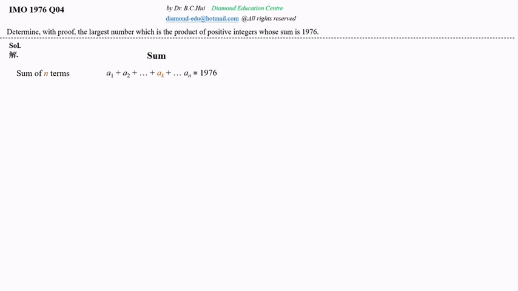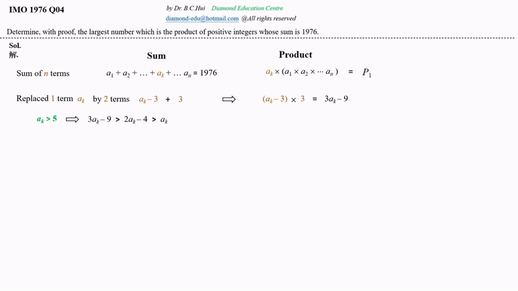We can further consider dividing any one of these terms, say ak, into two terms, as ak minus 3 plus 3. The product will be (ak minus 3) times 3, which is 3 times ak minus 9. If the term ak is a value larger than 5, then 3 times ak minus 9 is larger than 2 times ak minus 4, which is larger than ak.